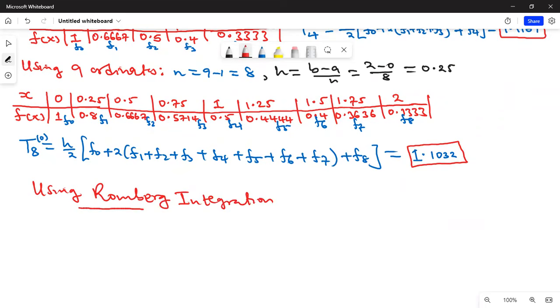Remember the formula for Romberg integration, let me write it here.